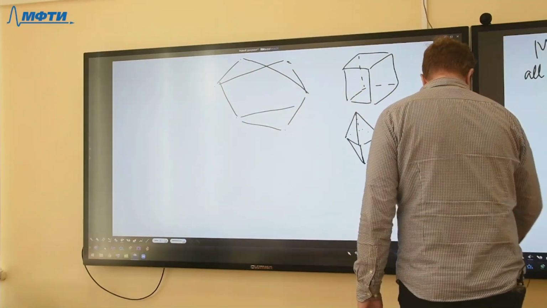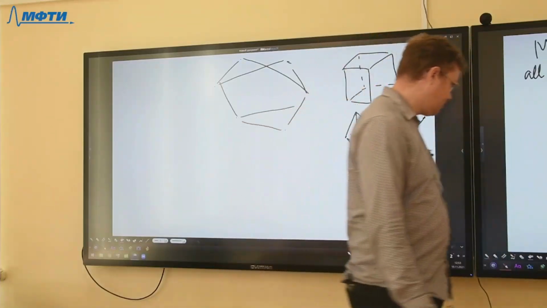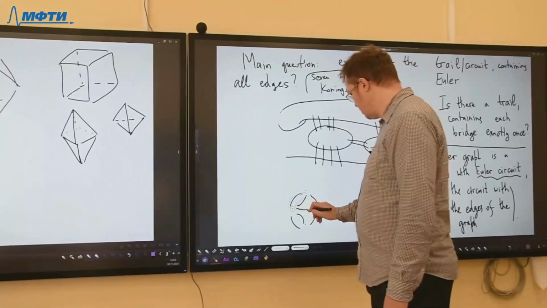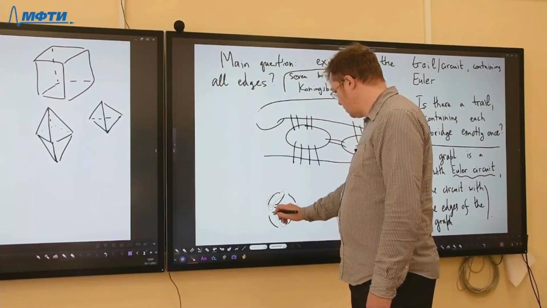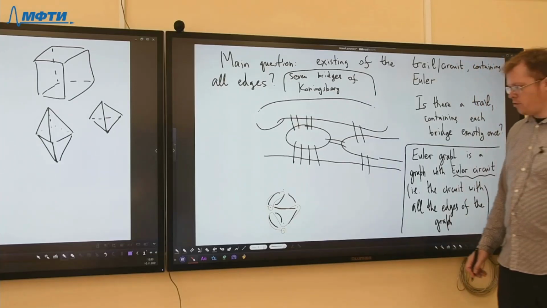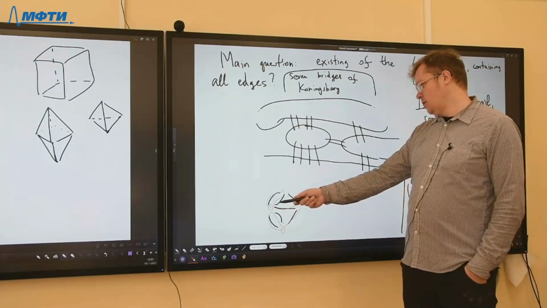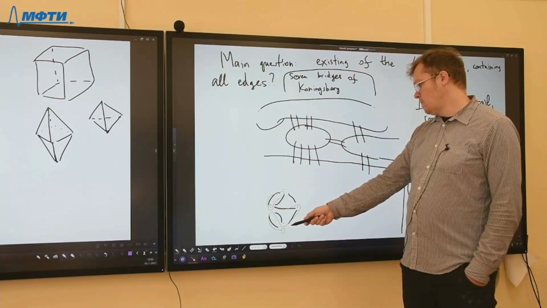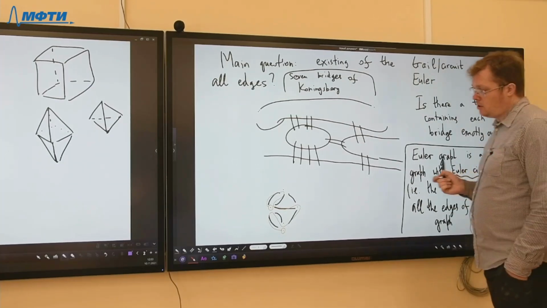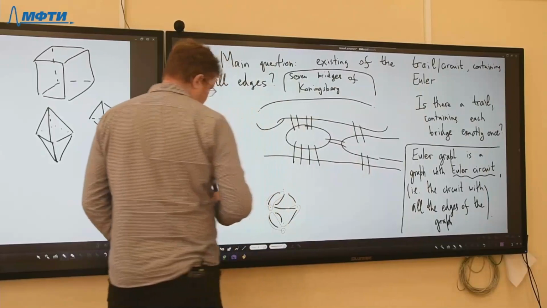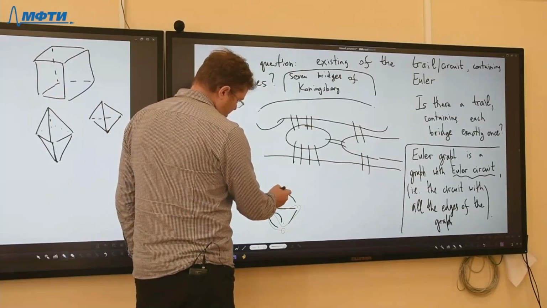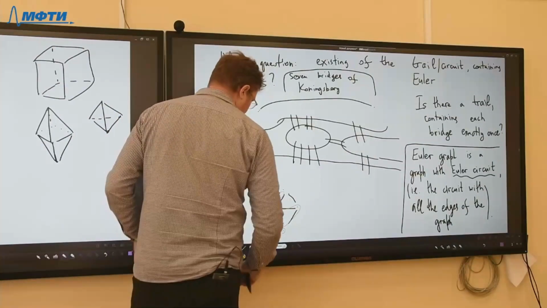if we have a trail, for example, we start here and we go here. For each trail, in each vertex without the first and last one, we will meet only an even number of times.